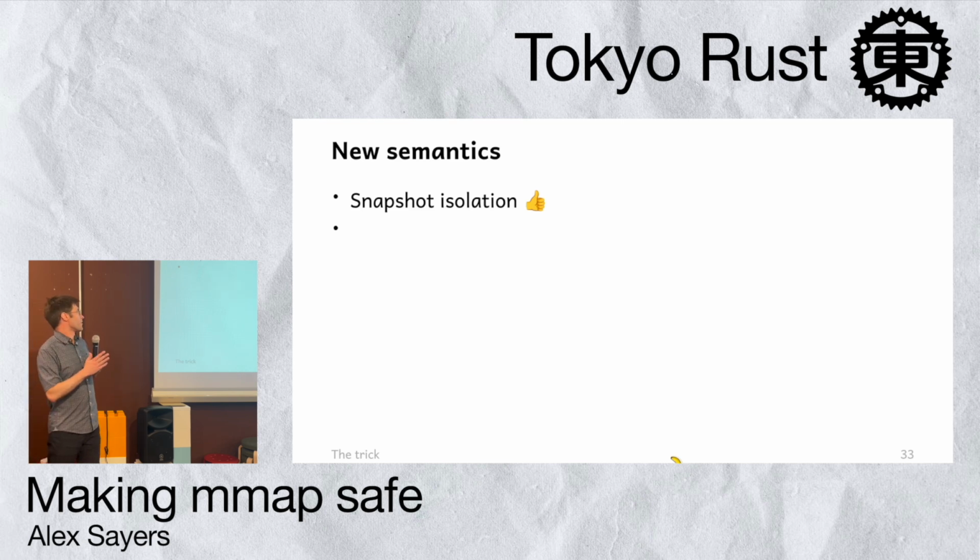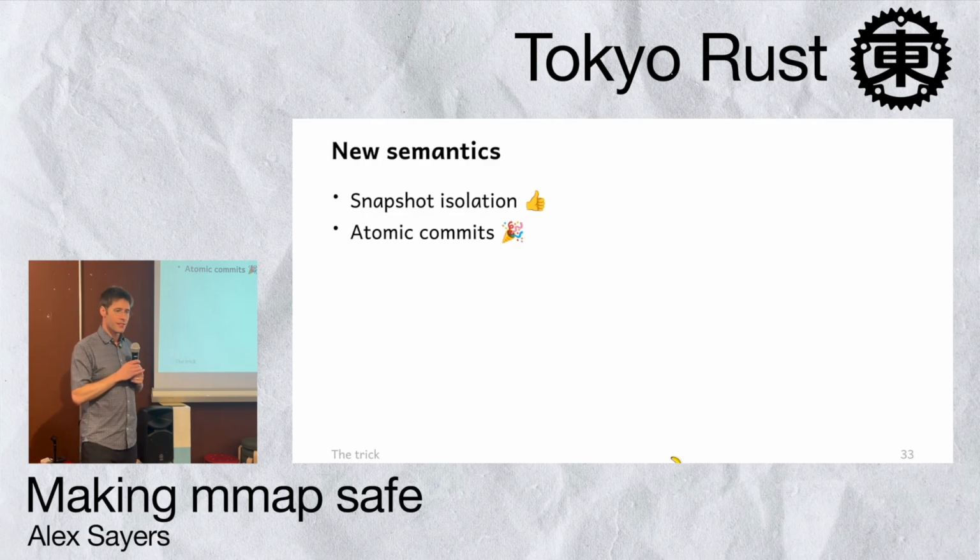That's for the read side, but the write side is even more interesting. When we write to the slice, it doesn't change the original file, it changes our private snapshot. But we can then choose to clone our changes back into the original file. Again, it's instantaneous. No data actually has to get copied around on disk.